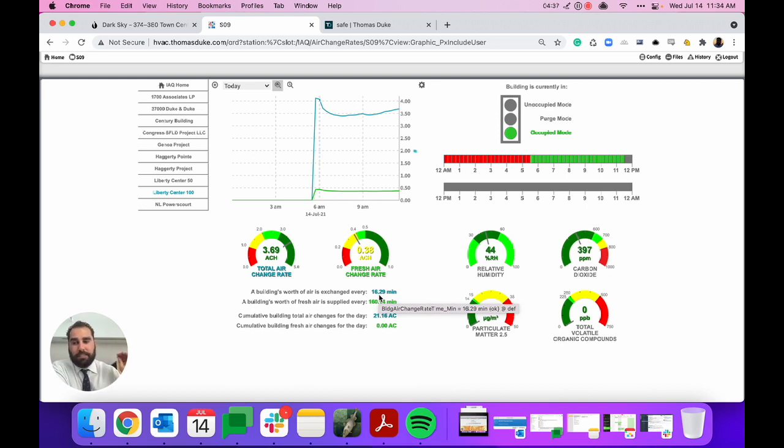We have massive fans. We've got a lot of horsepower just based on when the building was built. They overbuilt it. We have excess capacity. And today, it's 11:30 a.m. The building has changed over 21 times today. It has been filtered 21 times today.